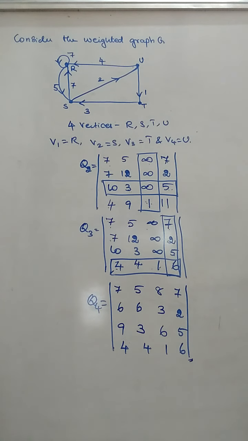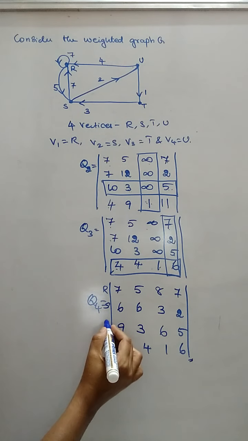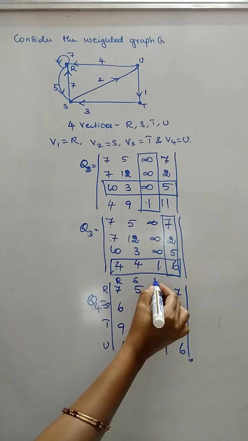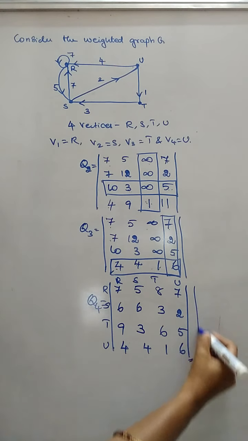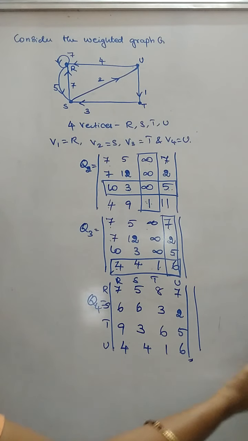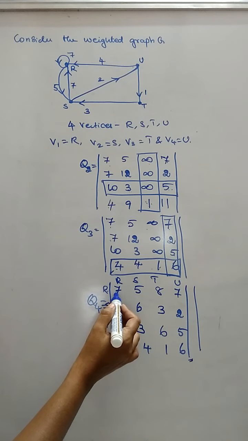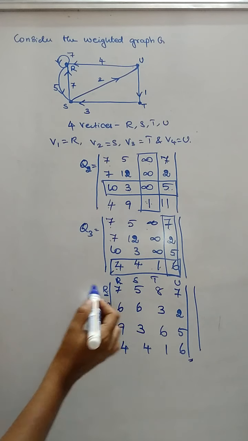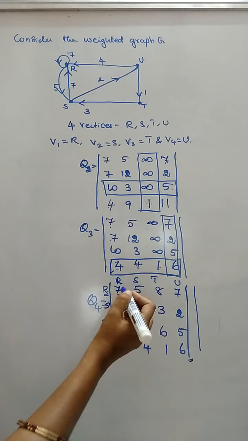For example, you know very well, this is R, S and then T, U. Here also R, S, T and U, right? So if you are covering the vertex here, just for an example I am writing, reaching the vertex R from the vertex R, the distance is 7 mentioned here.